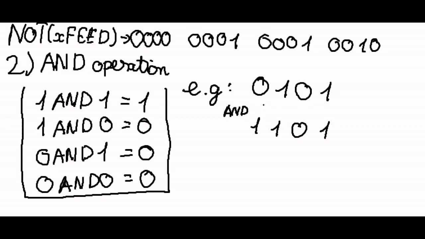We basically just match the pair in the same location, using the condition that we already got in this little table. And so it is 0 and 1, which equals 0. 1 and 1, which equals 1. 0 and 0, which equals 0. 1 and 1, which equals 1.